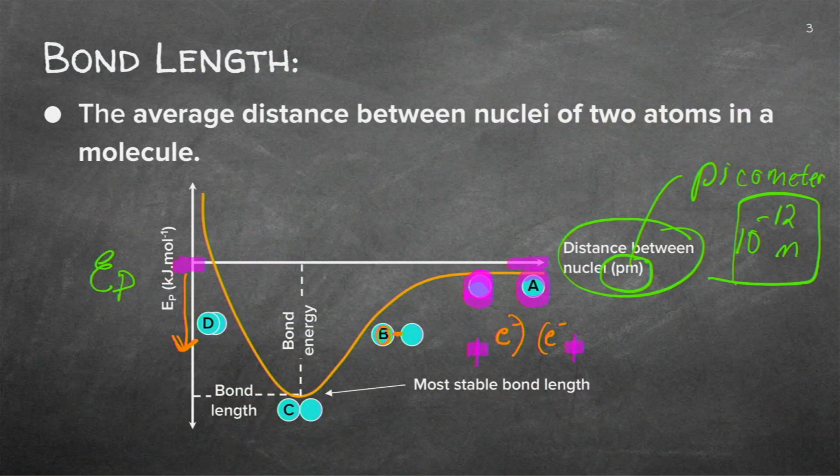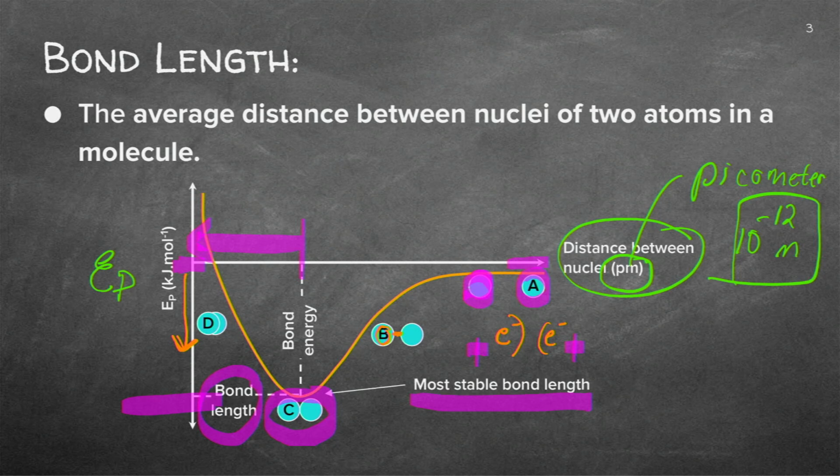When they finally find each other there at position C, it is the most stable position. It's got that energy level there, and that we call the bond length. So the distance from here to there is then the bond length. That's when they actually bind.